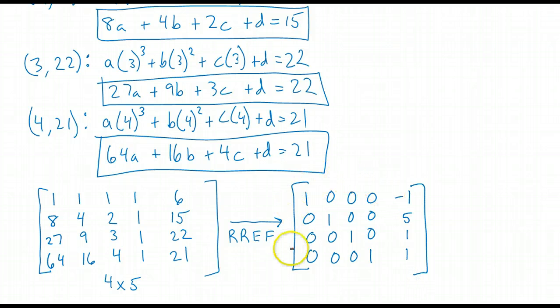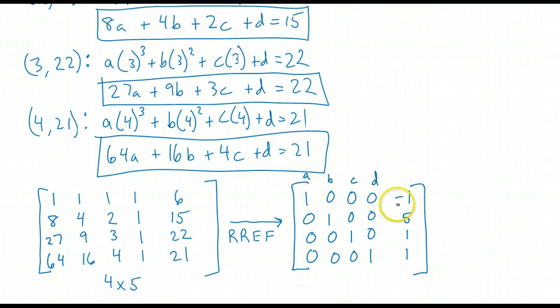Now you should recognize the left part of this matrix. The left part of this matrix is the identity matrix. And if you remember, this column was my a column, and this column was my b, and this was my c, and this was my d. So when I have one a and no other variables, my answer is -1.